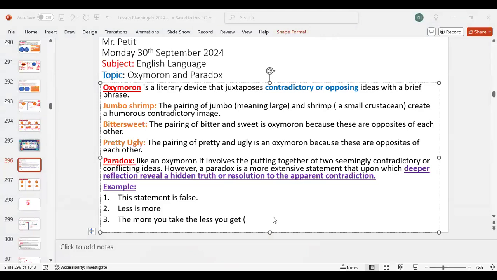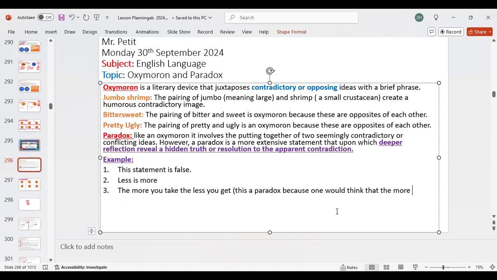So this is a paradox because one would think that the more you take, the more you get. But in reality, this is not the case.